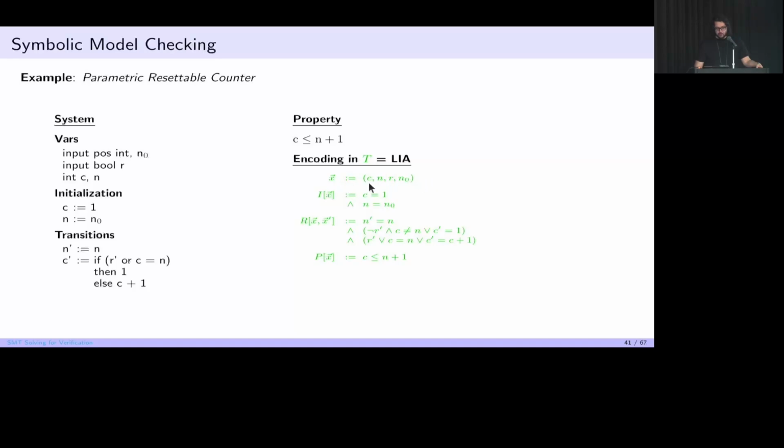I have these variables corresponding to the state, the values of C, of N, of R, and of N0. I have the initial conditions on C and N. And I have this transition relation that is going to modify the values for the next state. And I have my property.